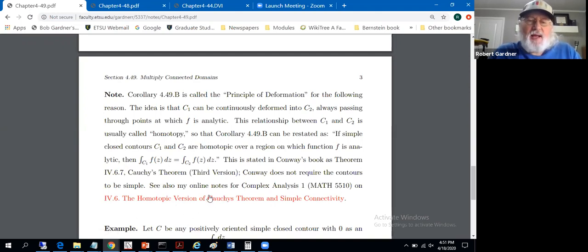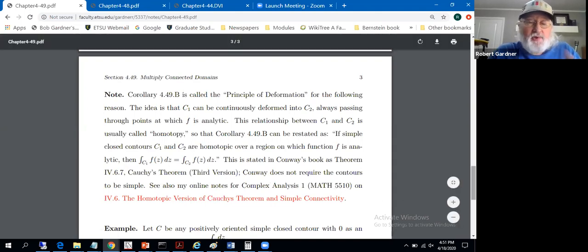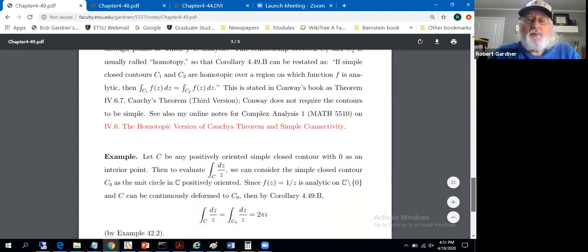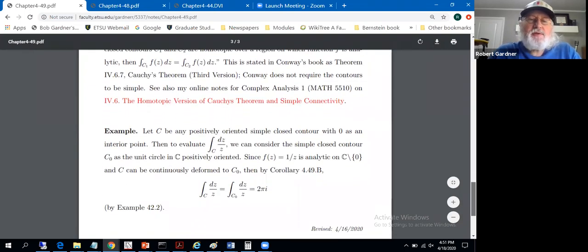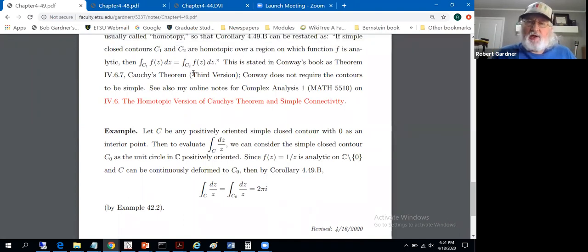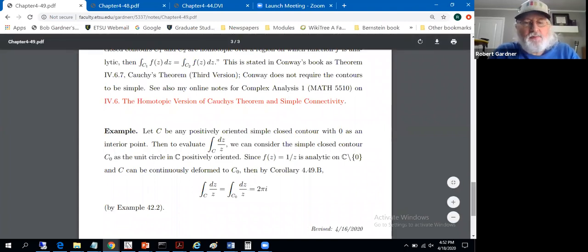This is a little beyond us at this level, but here's a link to some notes from the graduate-only version of this class. It talks about homotopy and says we get the integrals to be the same when c sub 1 and c sub 2 are homotopic over the region of analyticity of function f. Well, that's the same thing we just had, ultimately, with some more expensive words.